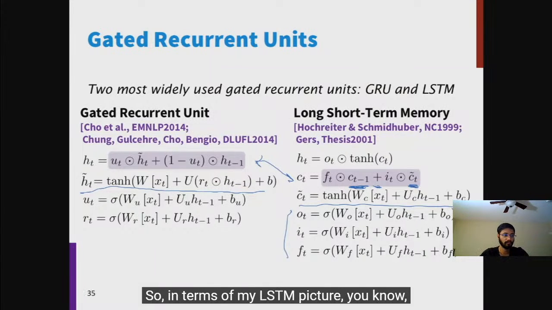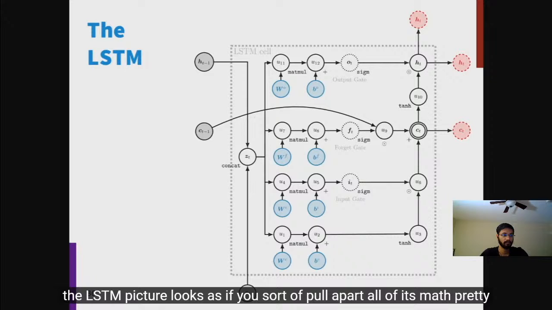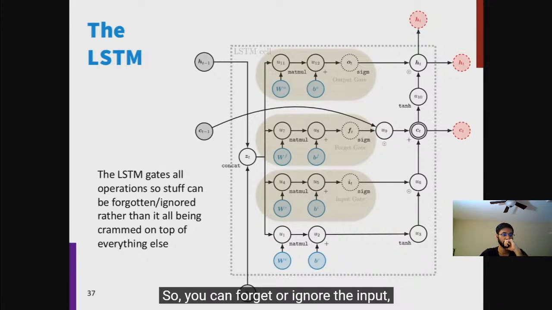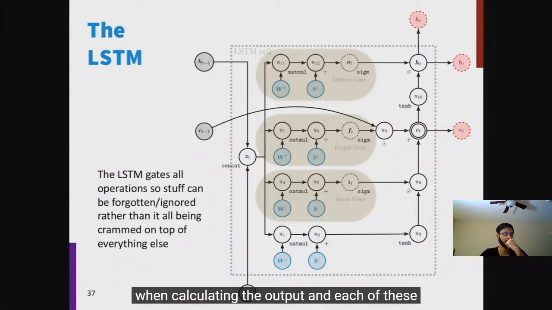So in terms of my LSTM picture, if you pull apart all of its math, it looks pretty complex. But there are 3 gates so that you can forget or ignore things. You can forget or ignore the input, you can forget or ignore parts of your previous hidden state, and you can forget or ignore parts of the cell when calculating the output.